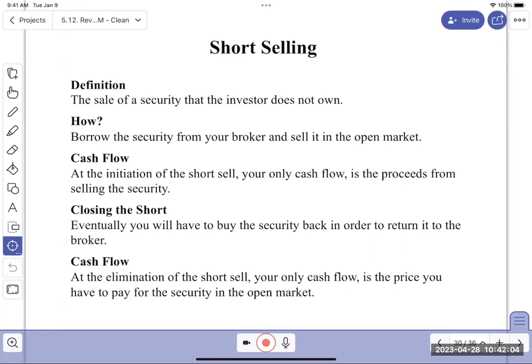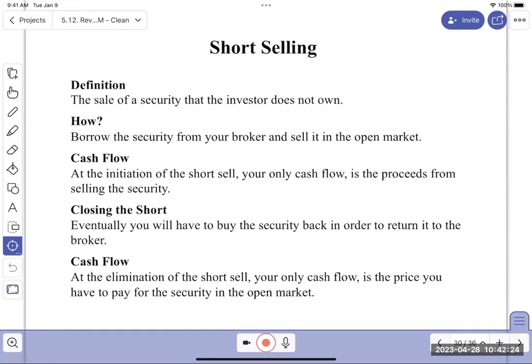So let's look at the combination now. Let's look at the position of an investor holding both a risk-free T-bill and the risky portfolio, the market portfolio. But to do that, I have to introduce or reintroduce short selling.